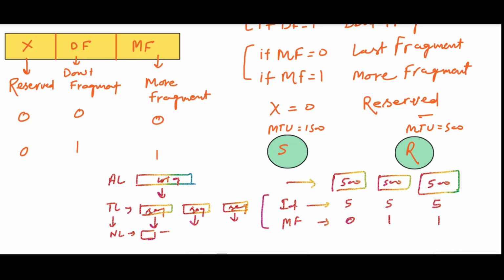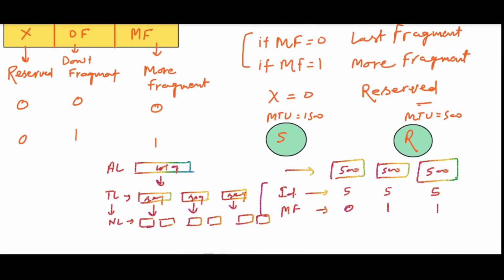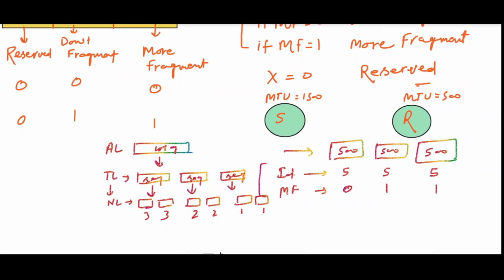Suppose this is here. Now for identification we generally use, suppose, here 1 1, here 2 2, here 3 3. Clear? Now this is used for identification. This number is denoted by identification.